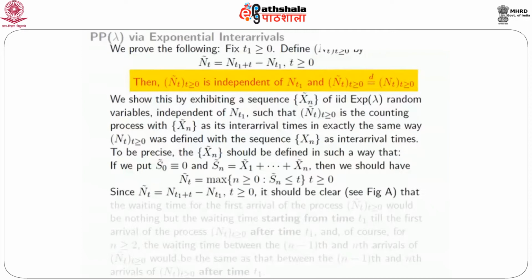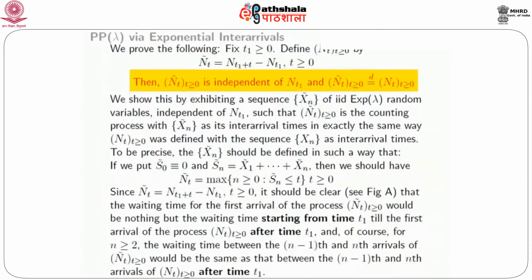Now, since N tilde t by definition is N_{t1 plus t} minus N_{t1}, it should be clear, we will see a figure, that the waiting time for the first arrival of the N tilde process would be nothing but the waiting time starting from time t1 till the first arrival of the process N_t after time t1. Okay, so that would be the waiting time of the first arrival of the process N tilde.